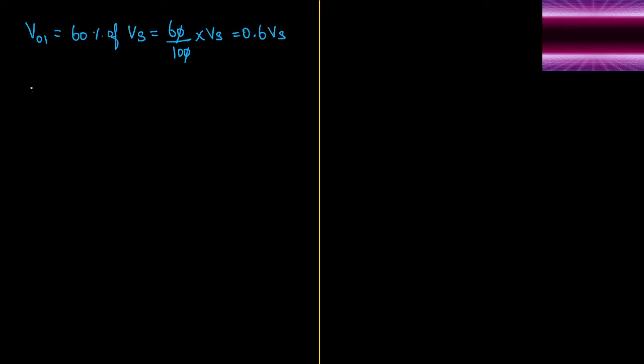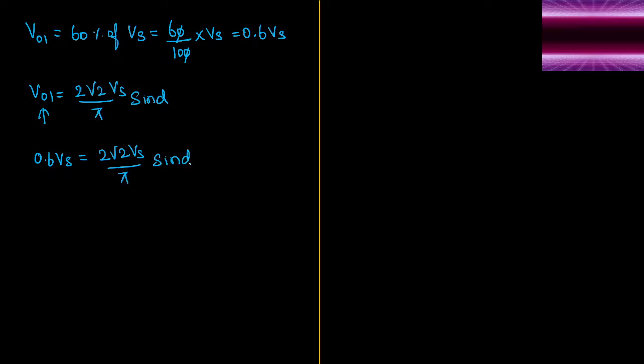So this V01 can also be written as what? 2 into root 2 times of supply voltage Vs by pi into sine of d. Now this V01 can be replaced by 0.6 times of Vs equal to 2 into root 2 into Vs by pi into sine d.